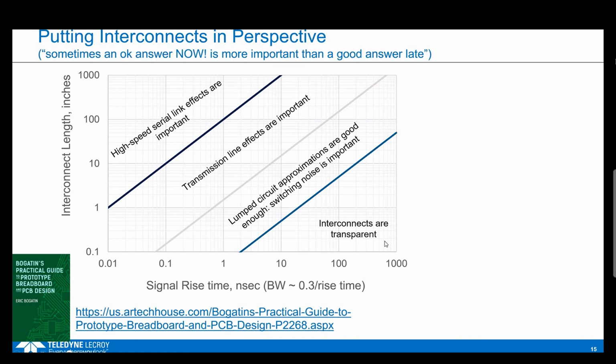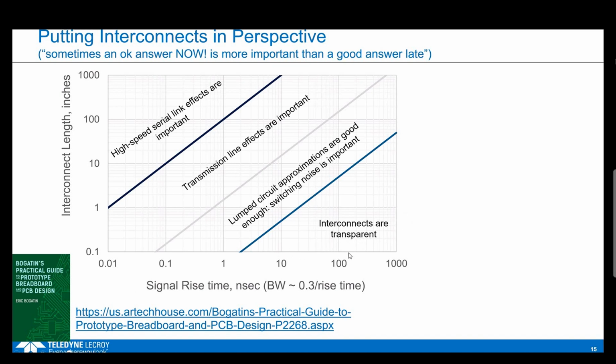You can find an extreme case where something that is 1 inch long with a 1,000 nanosecond rise time still could have some problems the interconnect introduces, especially if you have very high bit level ADCs or really high currents. You can find an exception.